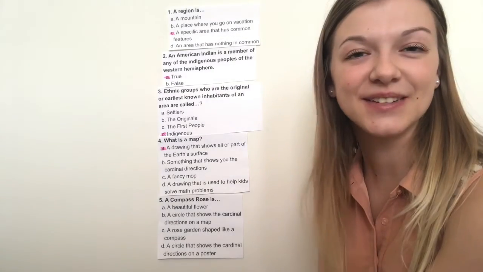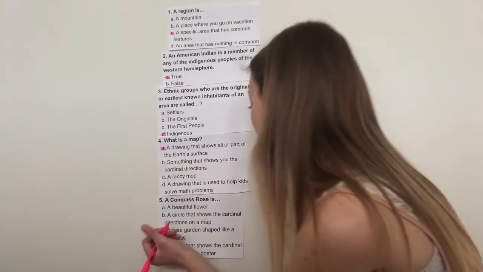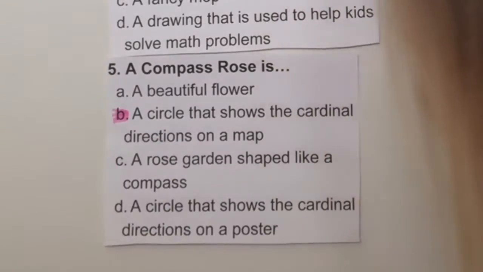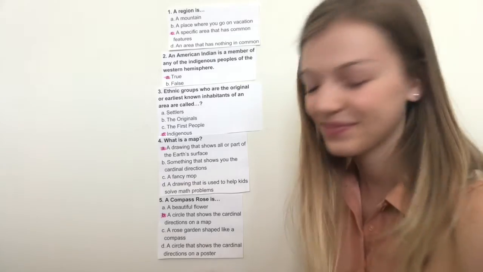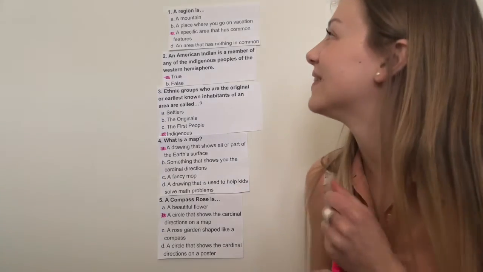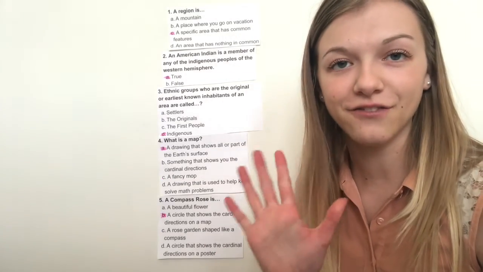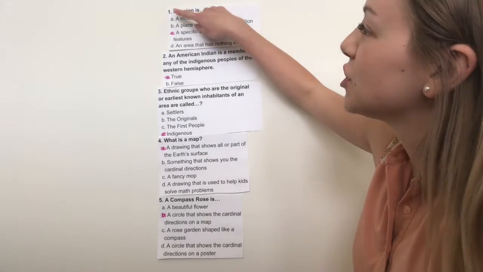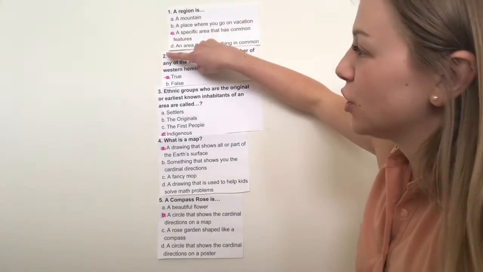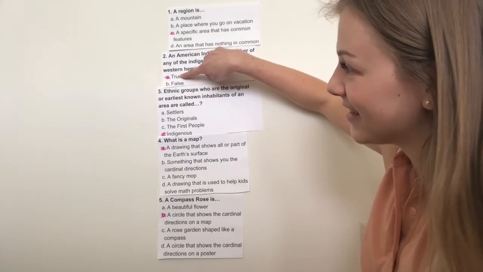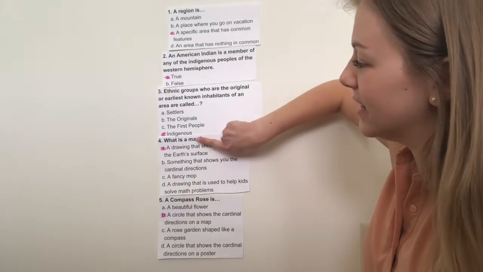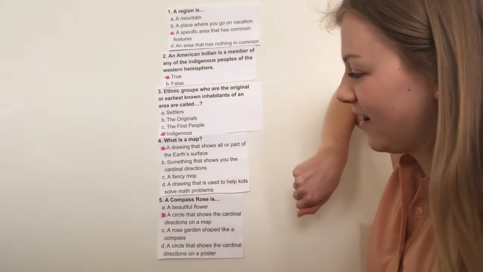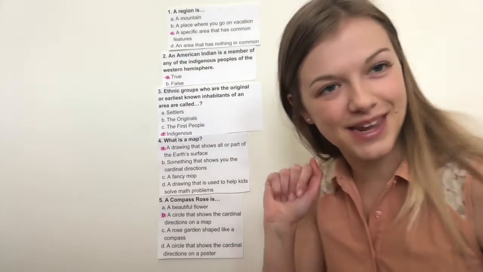So a compass rose is B, a circle that shows the cardinal directions on a map. The answers you should have had for your 5 questions: 1 should have been C, 2 was A, 3 was D, 4 was A, and 5 was B.